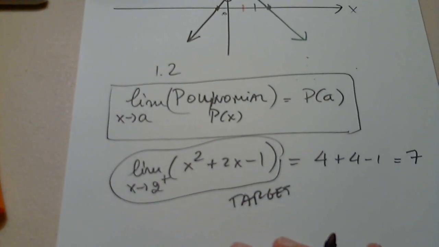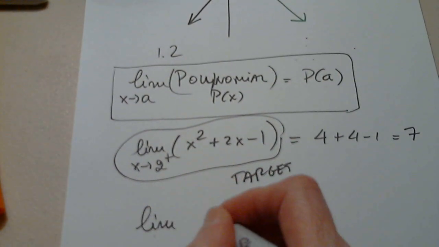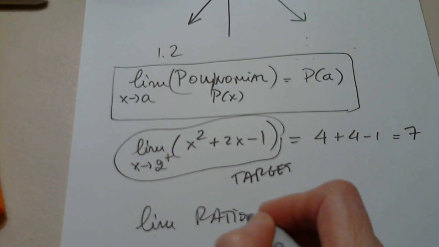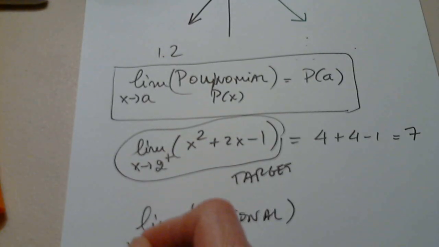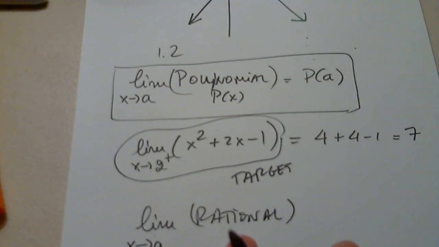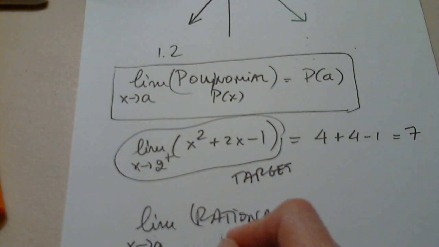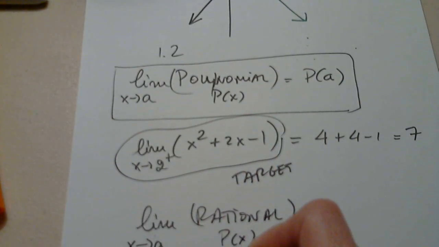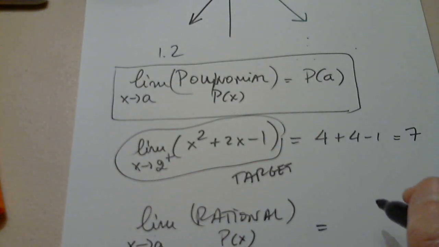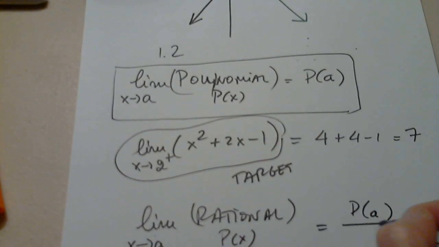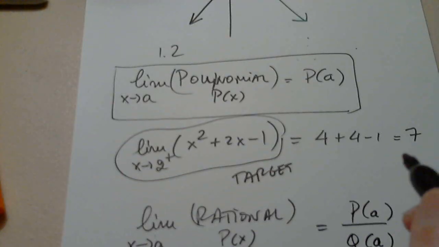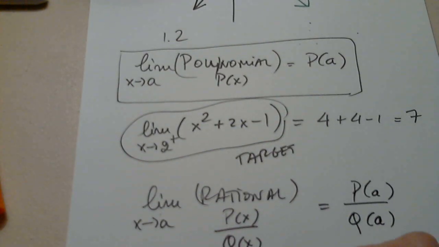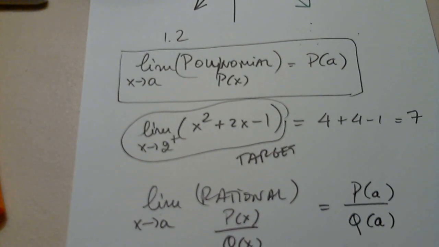Okay. Now the limit of a rational function as x approaches a, where I denote the rational function as p of x over q of x, is p of a over q of a. There is a catch: if q of a does not equal 0, of course.